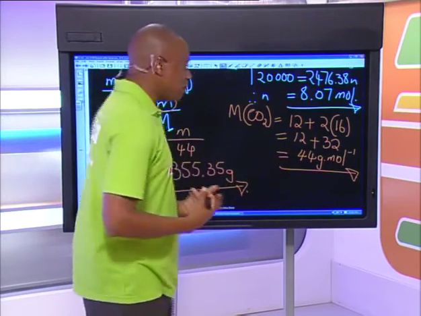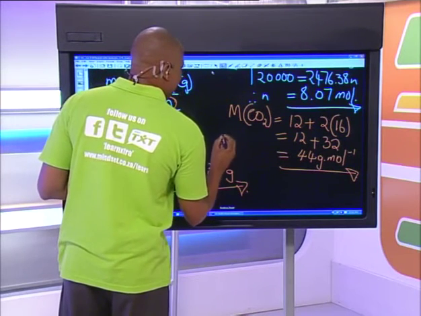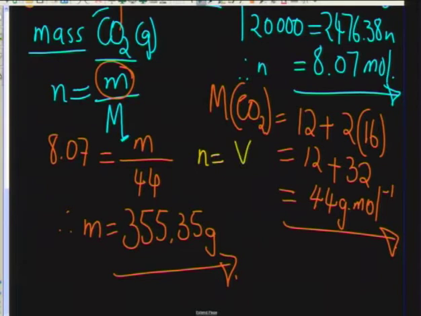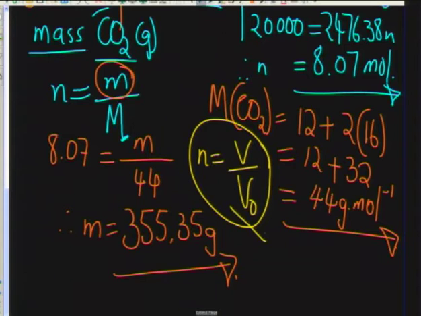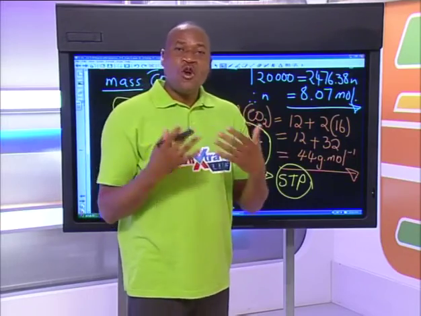Although we can get the number of moles from what we know in gases using this other formula here, that number of moles will be the given volume of the gas divided by the molar volume when we're talking about standard conditions of temperature and pressure. But from this, also understand that the same N is the same N that we're talking about here. So you can use these equations interchangeably to solve your problems, as long as you understand where you are coming from.